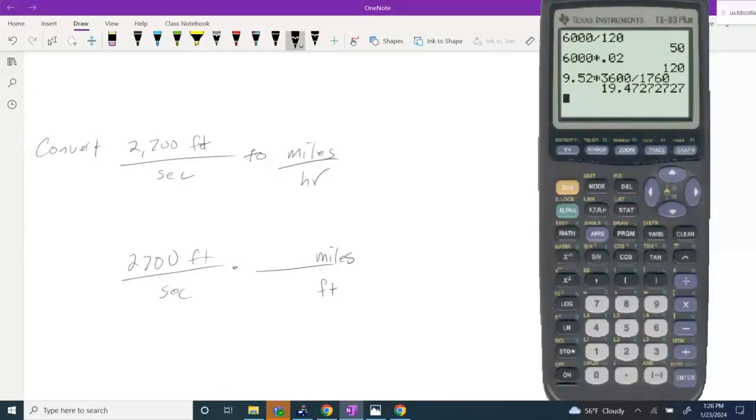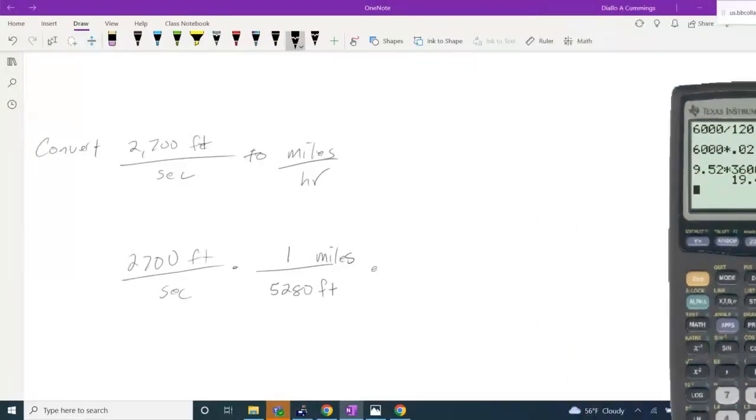And then I'm going to use that conversion. 1 mile is 5,280 feet. Right? So that converts feet to miles. Next, I want to convert seconds to hours. So since seconds is originally in the denominator, when I construct my unit fraction, I want to put second in the numerator and hour in the denominator.